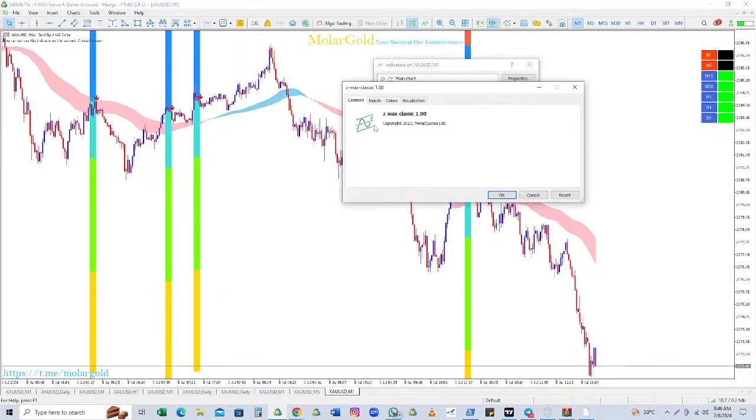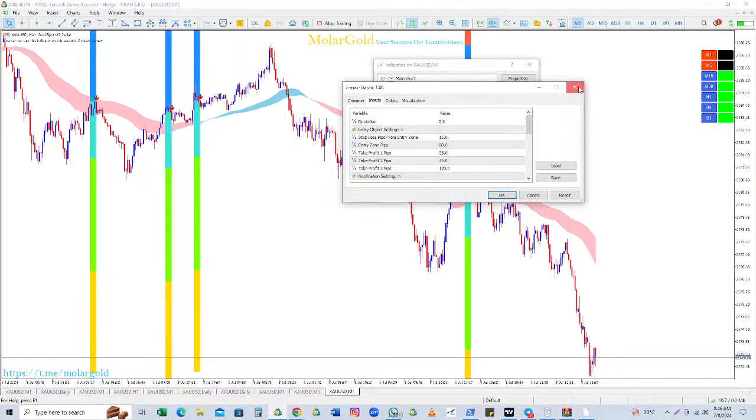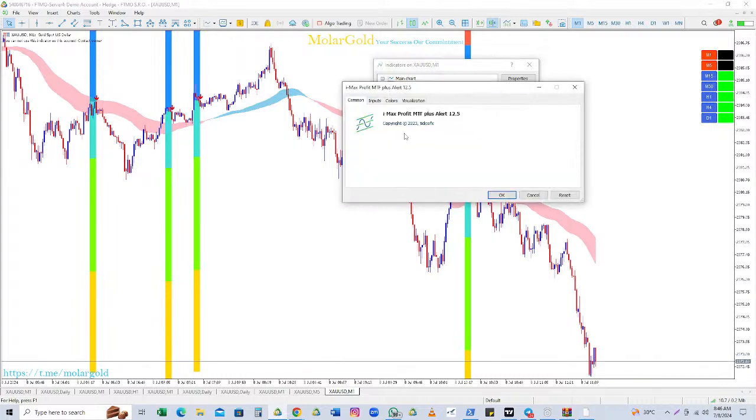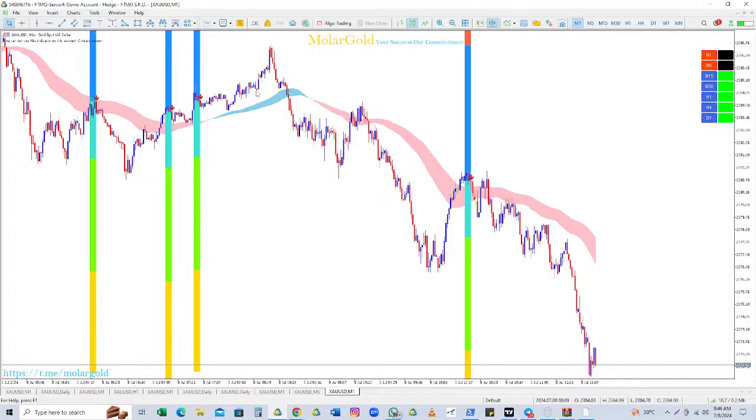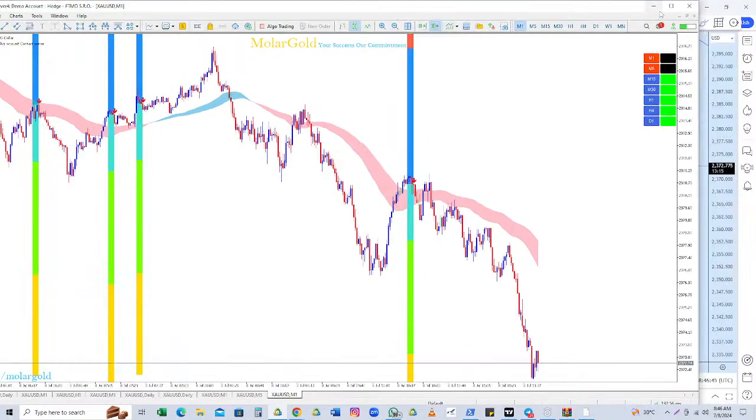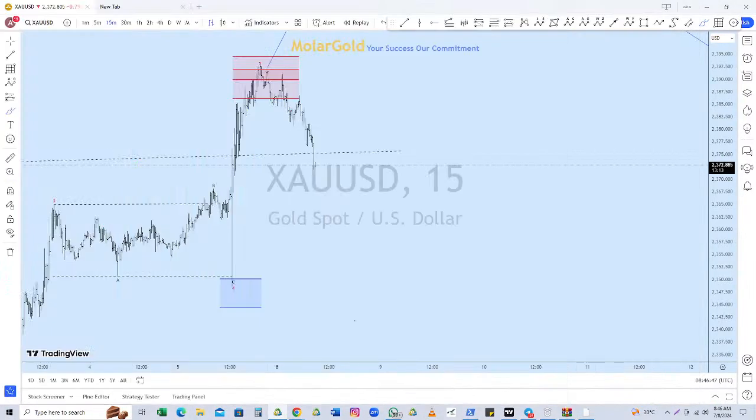MolarGold Classic, Dr. Molar. They've not changed this one, but this also belongs to Dr. Molar. We just made it yesterday. This one was for my previous programmer, so he signed it, but all of these indicators belong to us. We program our own indicators and we use them.